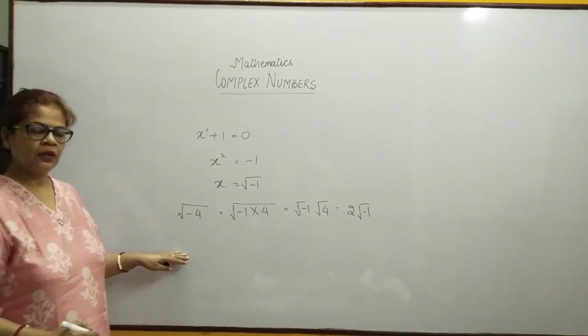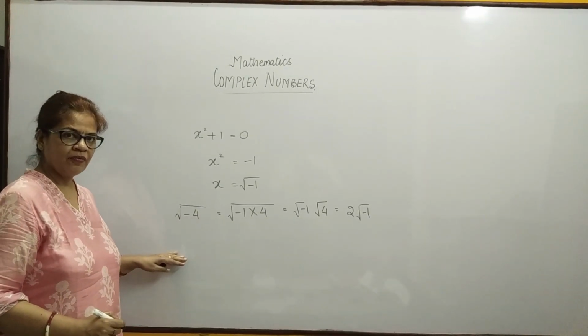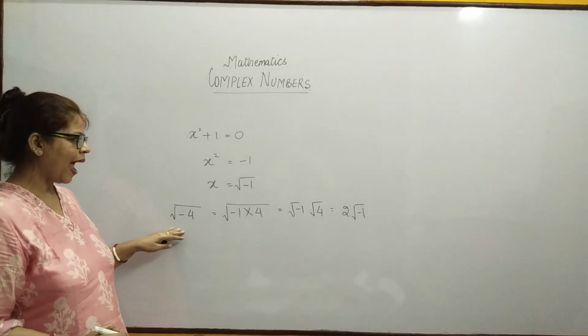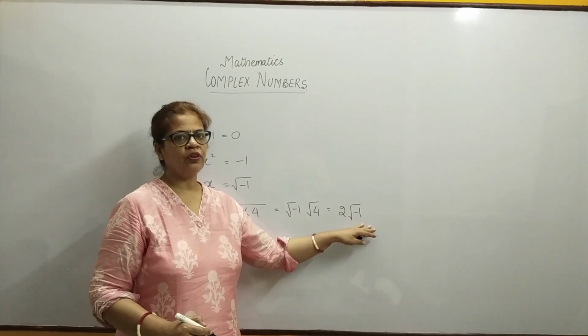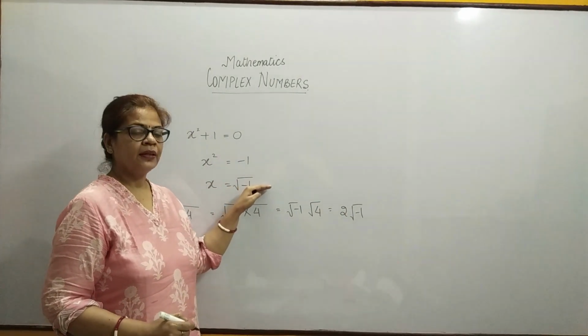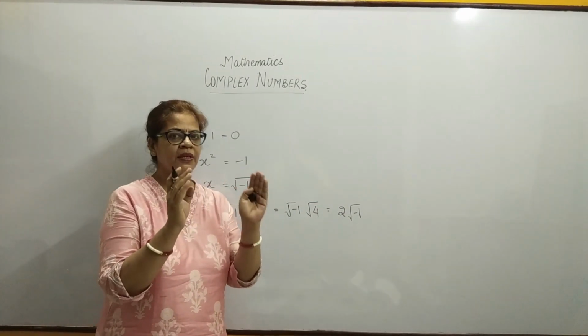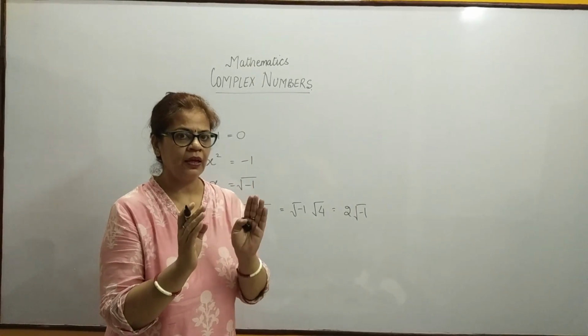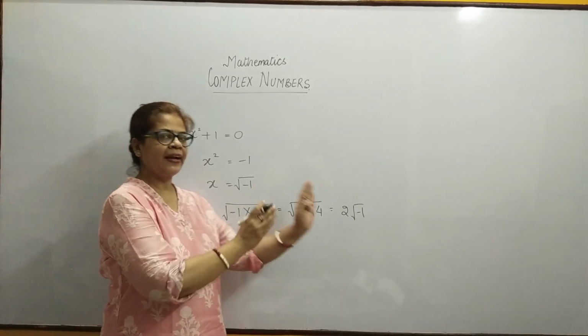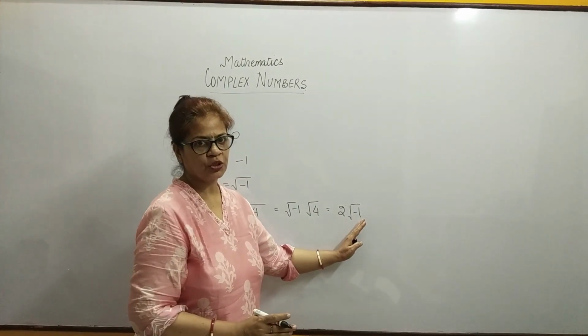Again, you can see when I started solving square root of minus 4, it ends up here at square root of minus 1. That means if we take any negative quantity, we can split it into two parts, and we will end up in square root of minus 1.